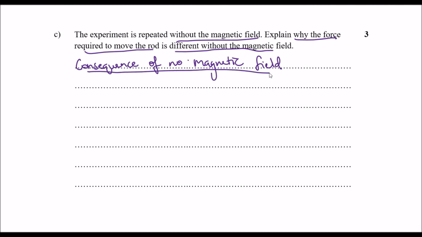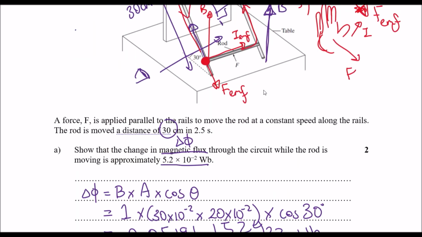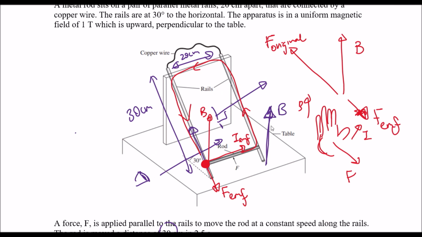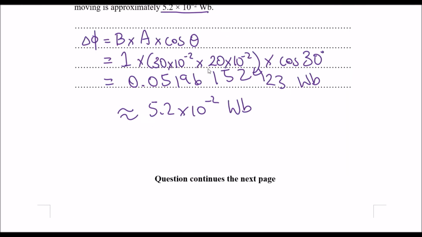I'm just going to go back to the diagram we have here. So without the magnetic field, when I push the rod up, there is going to be no change in magnetic flux, hence there is no production of EMF, and so there's no generated force to oppose the rod moving upwards. Okay, so that's what we're going to write.